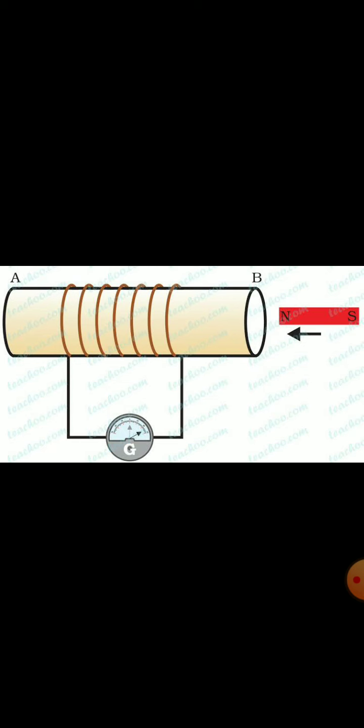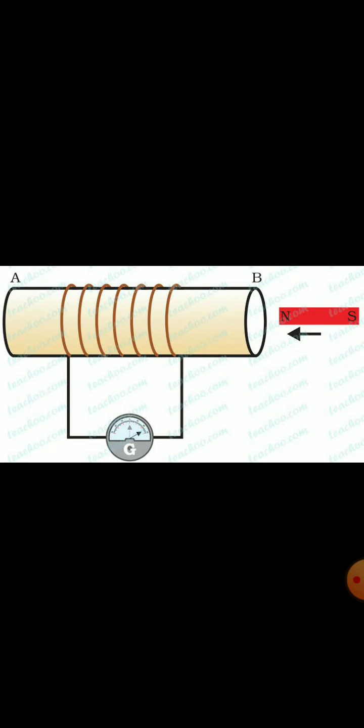Electromagnetic induction is the phenomenon in which magnetic field produces electric current. When a conductor is placed in a changing magnetic field, current is induced. Induced means produced.